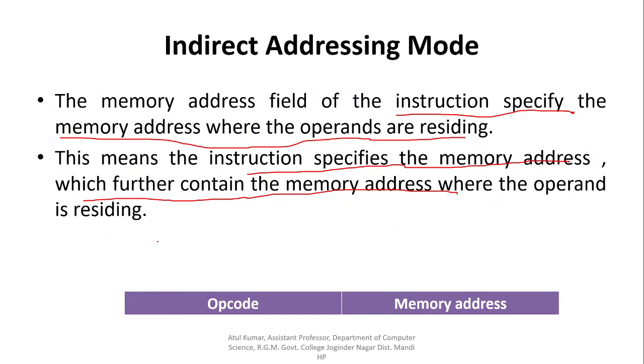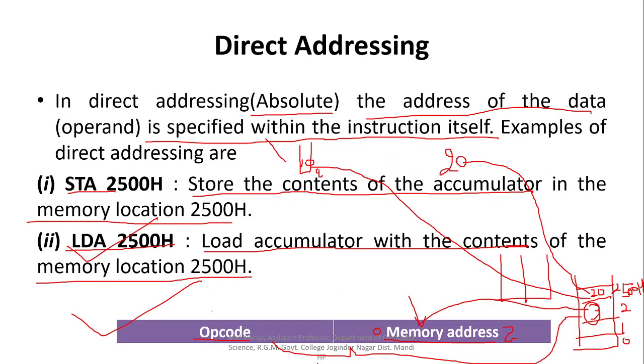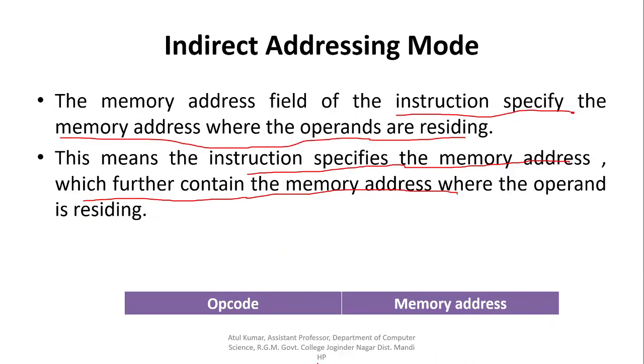So in both direct and indirect addressing modes we have a memory address, but in indirect mode that memory address does not contain the operand itself. It again contains a memory address.